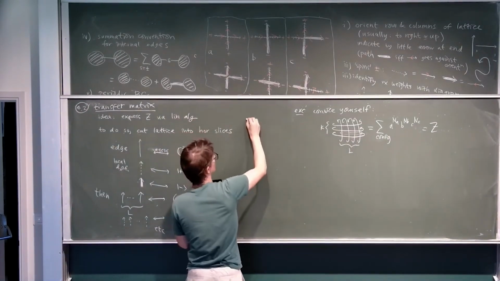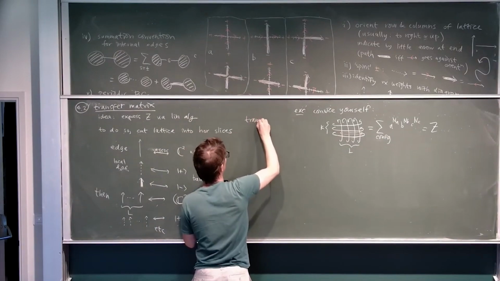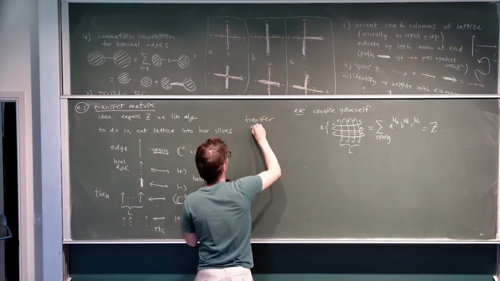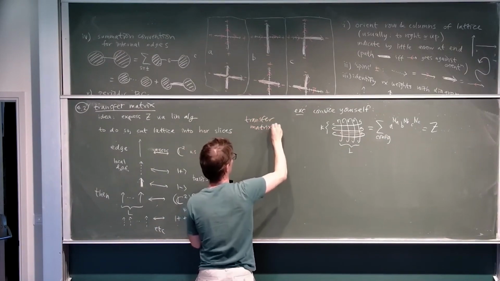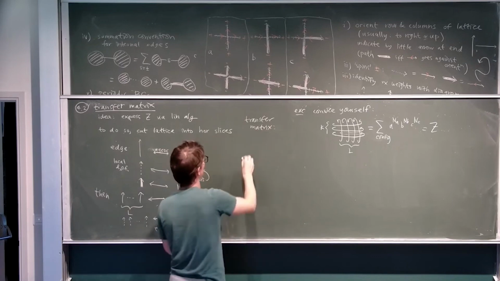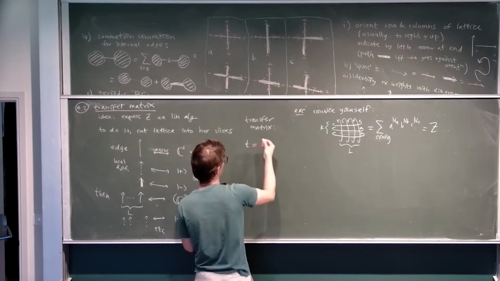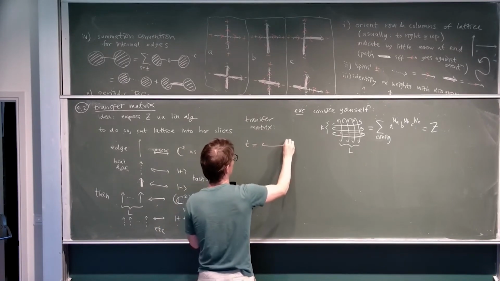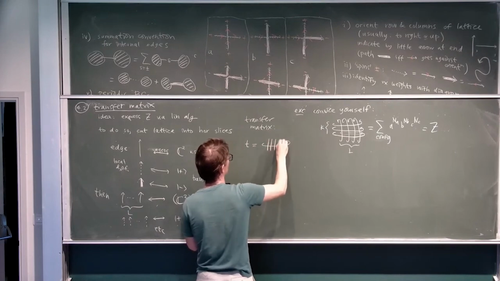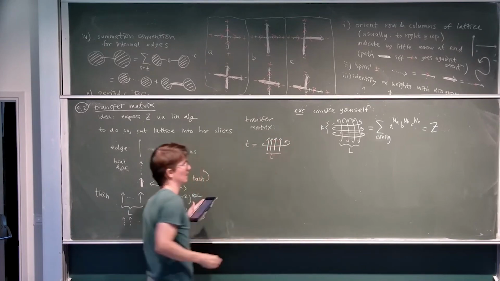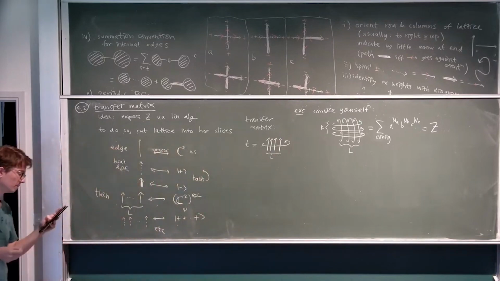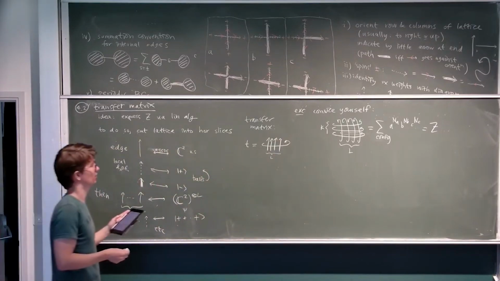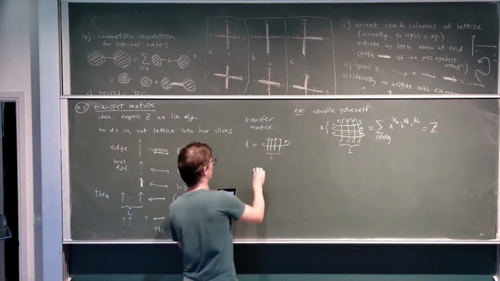Okay, so now let's define this transfer matrix. Graphically, I can define it by saying that T, my transfer matrix, is a horizontal periodic boundary condition line, and then lots of vertical lines. So here I have L lines, and I have one horizontally. This picture, I claim, defines an operator.